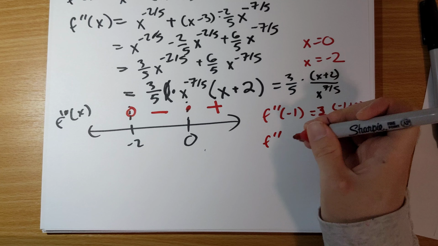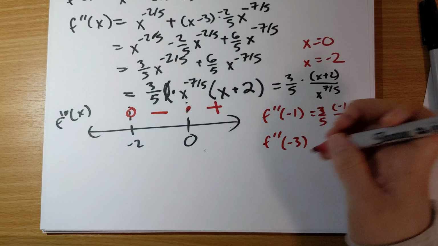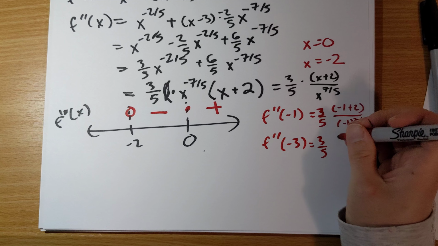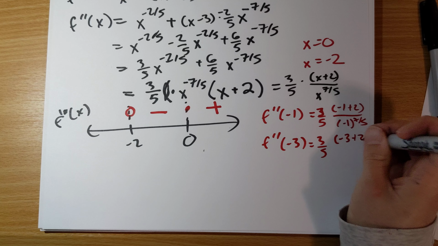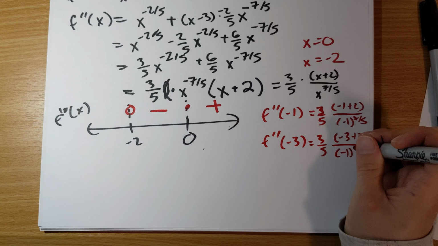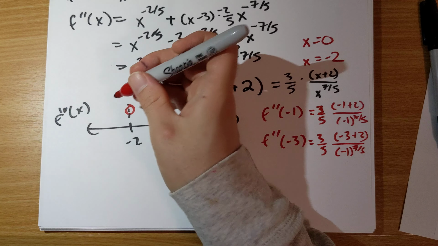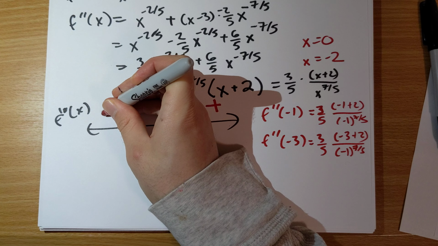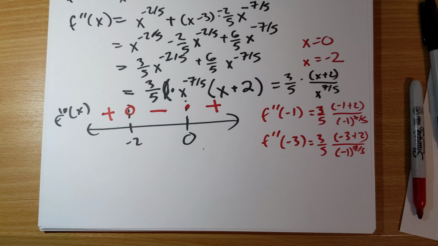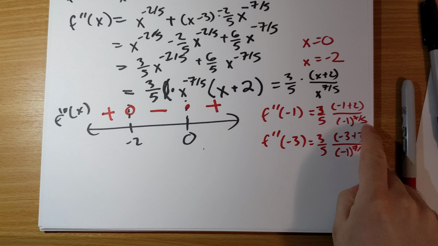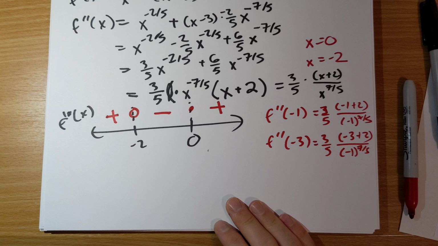And then f double prime of like negative 3, if we go down here, is 3/5 times negative 3 plus 2 over negative 3 to the 7/5. And so this is going to end up being positive down here. A negative number raised to the 7/5 power ends up being negative.